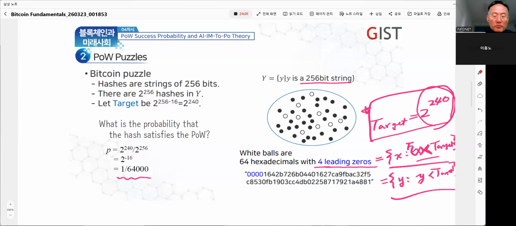Anyway, so that's the probability of a single hash output satisfying the inequality.